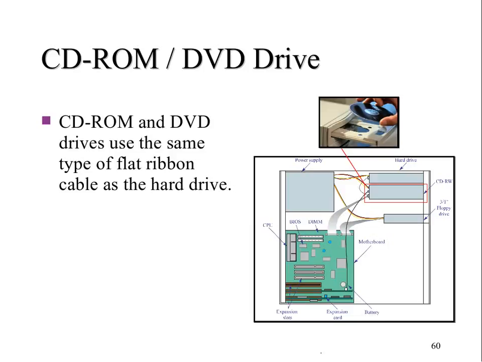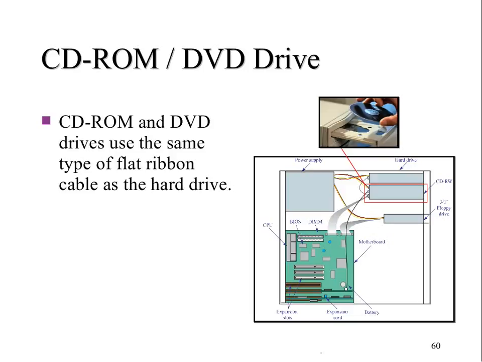In other words, it doesn't forget if you write data to it, if you have a writer. Some CD drives and DVD drives only read, they don't write, but some do both, and those are called DVD writers or CD writers. Most PCs have a combination drive that can handle both CD-ROMs and DVDs, and can usually read and write both, so that's a very common thing.